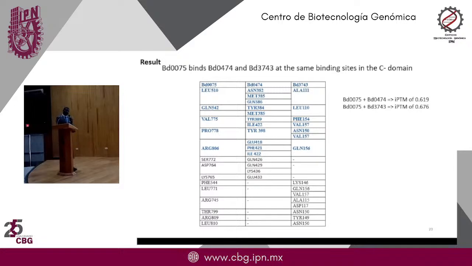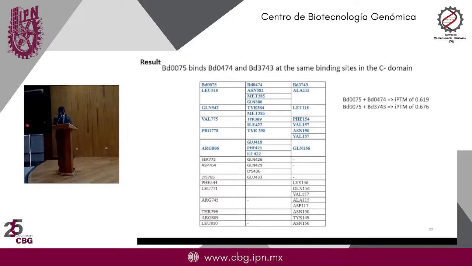So we thought that this could be some kind of competitive binding for the same site amongst these 2 proteins. Now, if we look at the IPTM score of 75 and 474, we found that it is 0.619, and for 3743 it is 0.676. So this has a higher IPTM score, and we thought, surely it must then have a preference for this 3743 and maybe less preference for the interaction with 474.